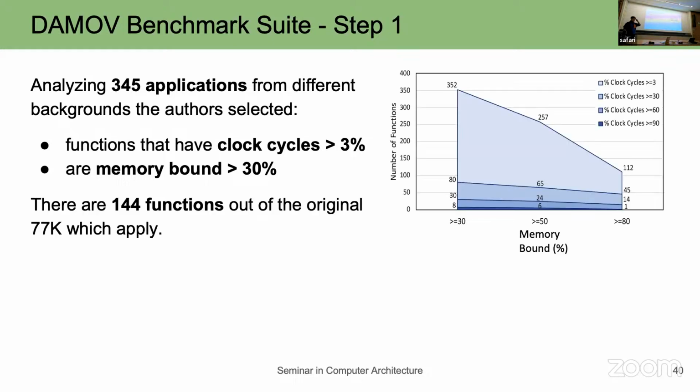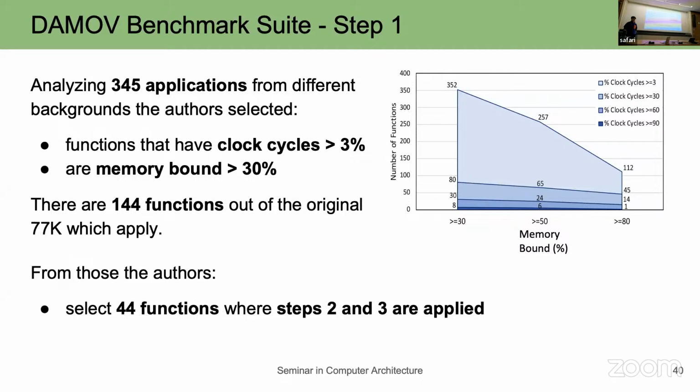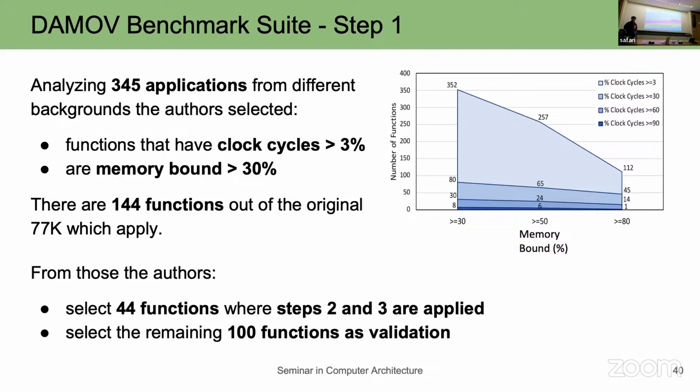They found that this narrows it down to 144 functions out of the original 77,000. And from those 144 functions, the authors selected 44 functions on which they applied steps 2 and 3, and then selected the remaining 100 functions as validation set to see if the results they found are accurate.